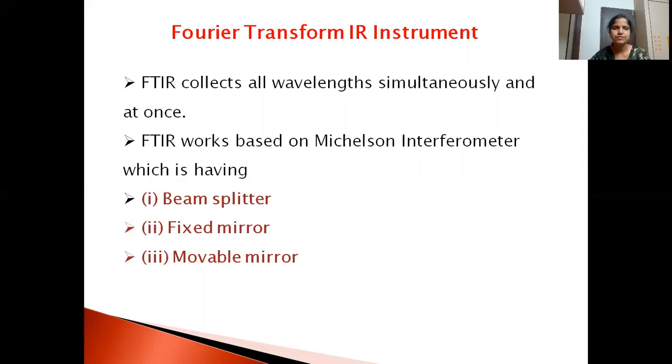What FTIR does is collect all the wavelengths simultaneously and at once. It works based on the Michelson interferometer, which has a beam splitter, a fixed mirror, and a movable mirror. These are the other components present in the FTIR.